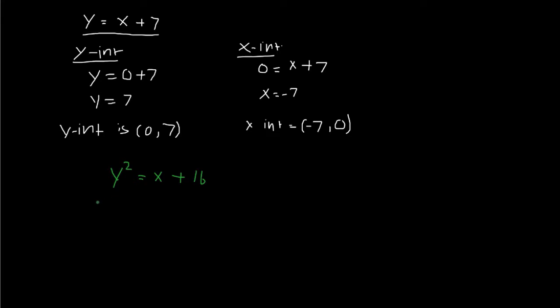The same way, we do the y-intercept first. How do we find the y-intercept? We know we use x equals 0. Therefore, y to power 2 equals 0 plus 16. It means y to power 2 equals 16.